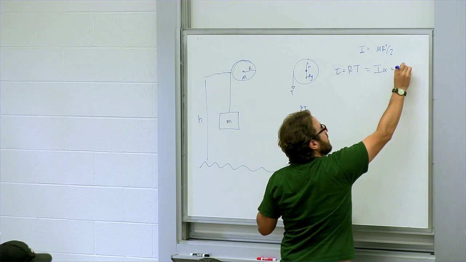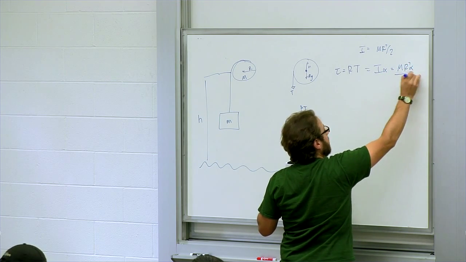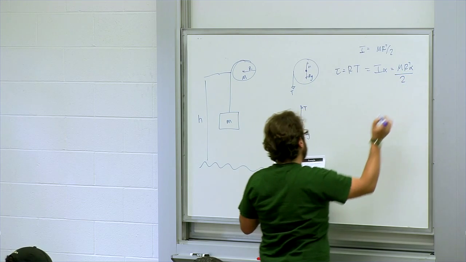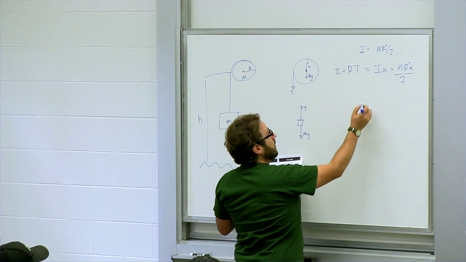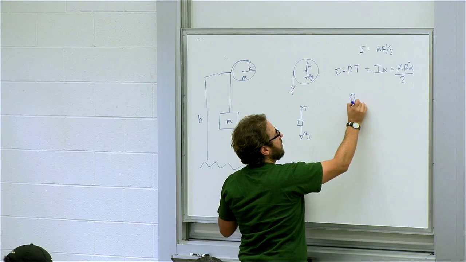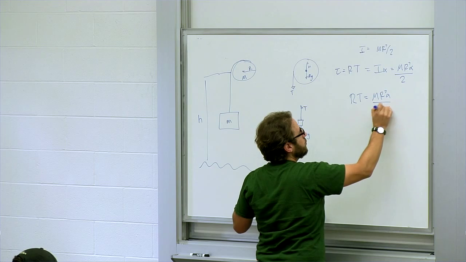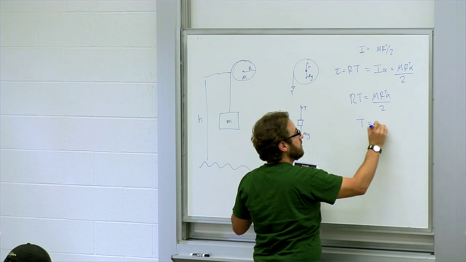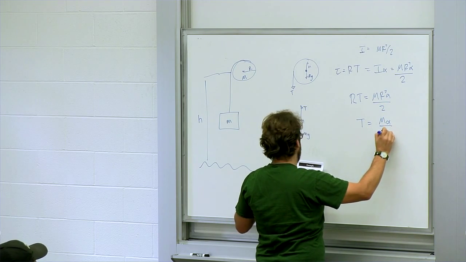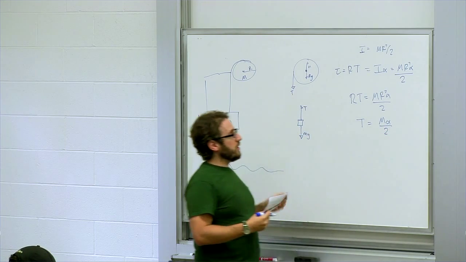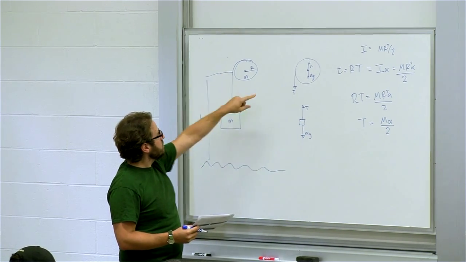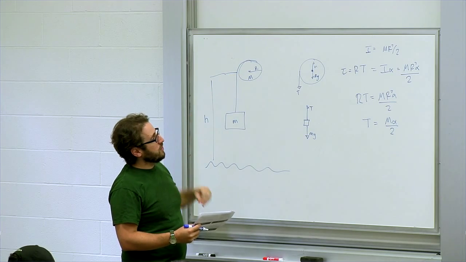So this is mr squared alpha over 2. Right, so I have RT is equal to mr squared alpha over 2. So I can solve for the tension: T is m alpha over 2. So now I have a relationship between the tension on the string and the angular acceleration.